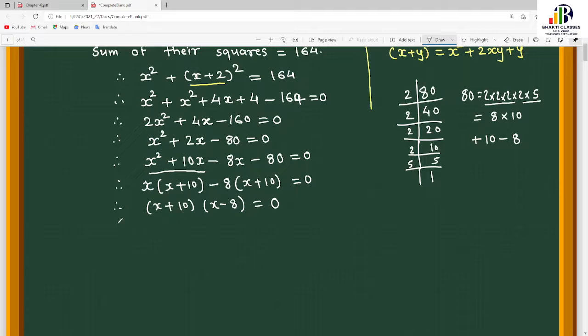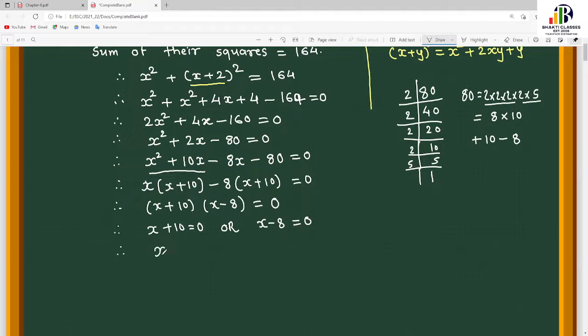Therefore, x plus 10 is equal to 0 or x minus 8 is equal to 0.